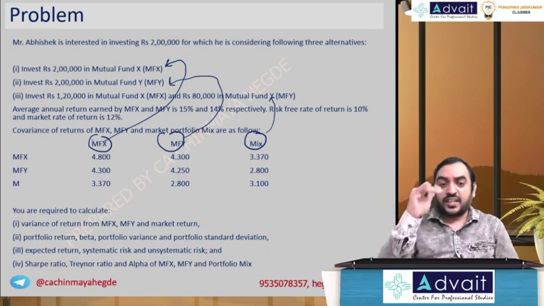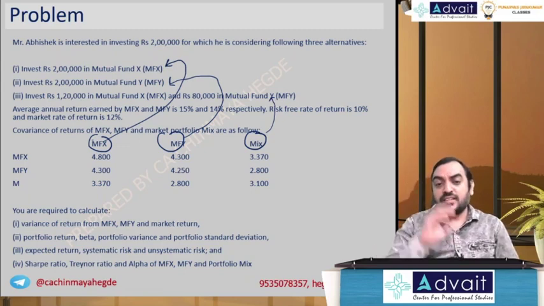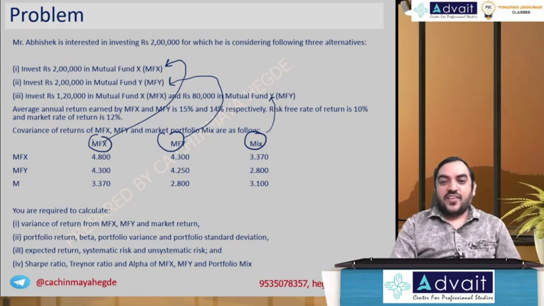The first heading goes to the first part of the problem, second heading to the second Roman number, third heading to the third, investing in both. Is my understanding correct here? No, my understanding is not correct.